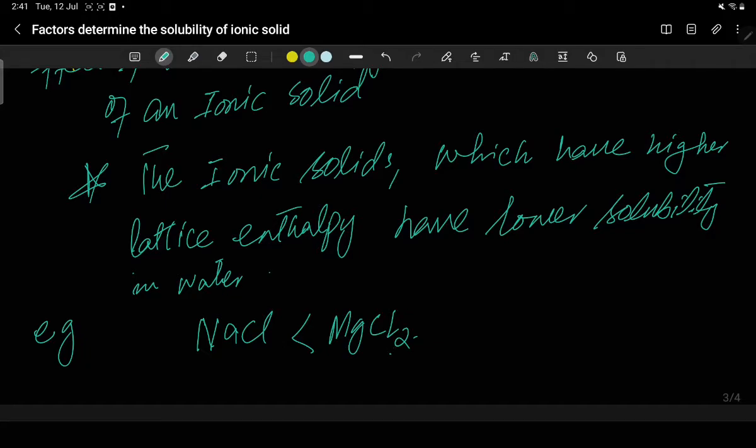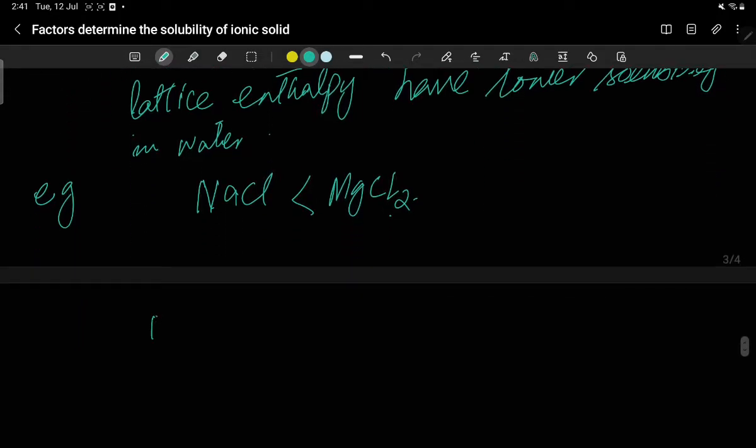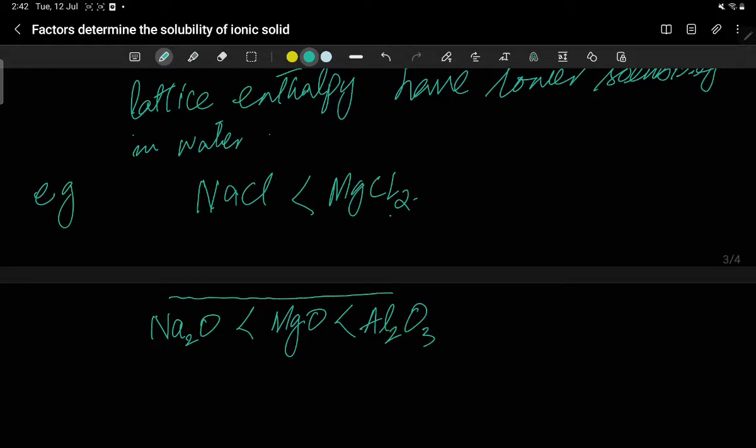So sodium chloride is more soluble than magnesium chloride in water. Similarly, sodium oxide has less lattice enthalpy than magnesium oxide, than aluminium oxide. This is the trend across the period.